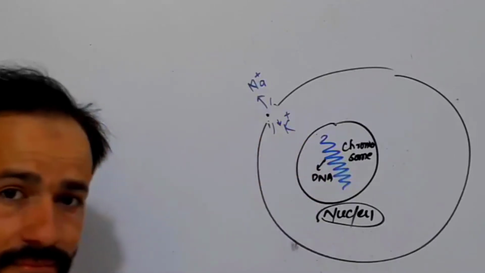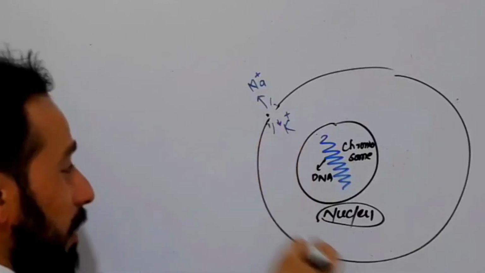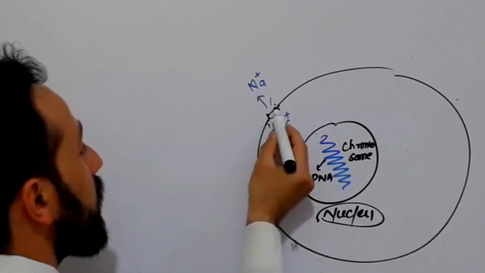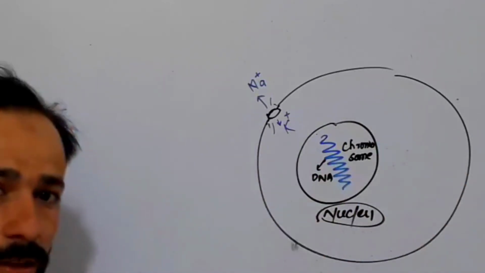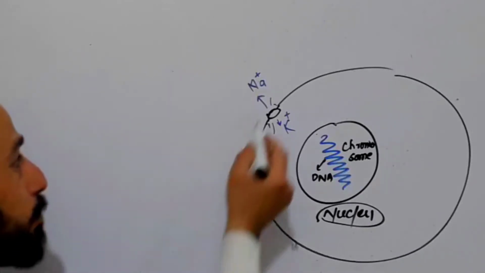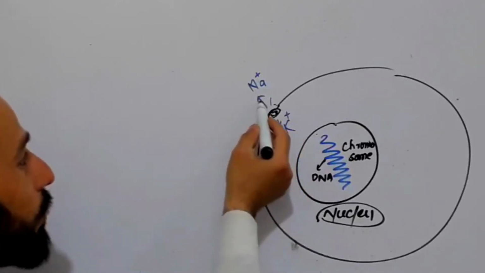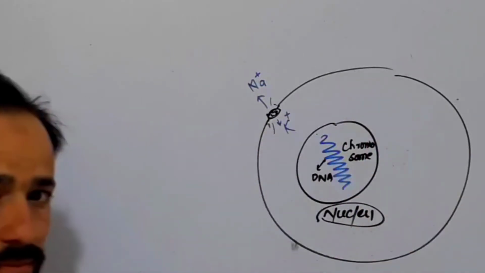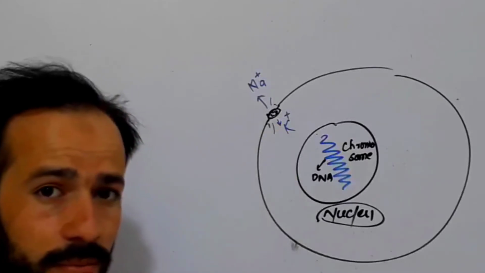Now what will happen if this protein is damaged? It will create some damage to the cell. But before it creates further damage to the cell, we have to synthesize a new protein and put it in this place in order to save the cell. So how is this protein formed?